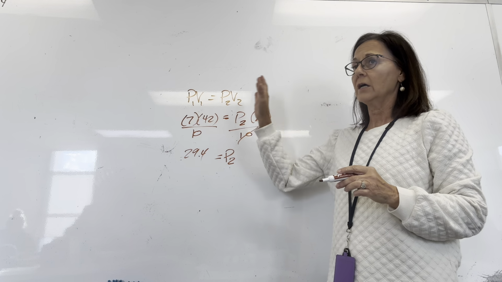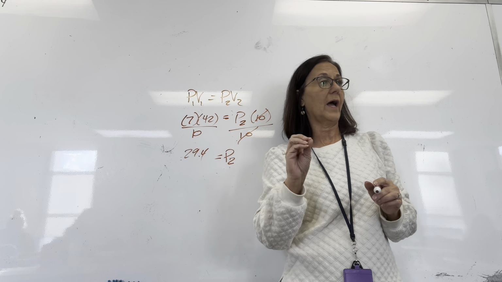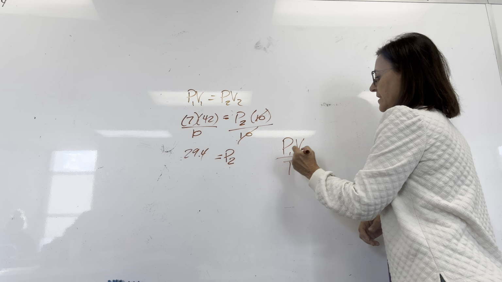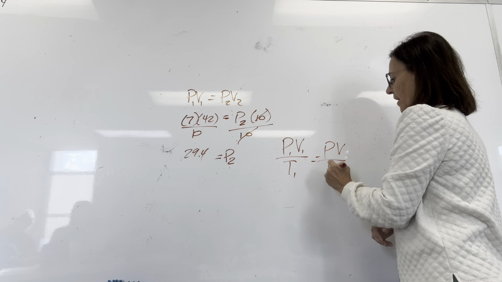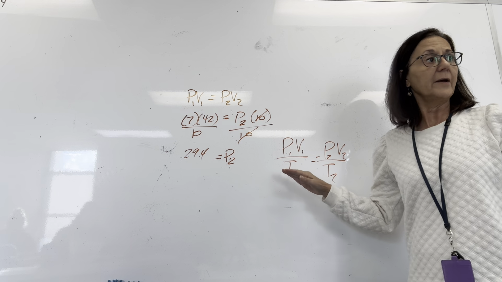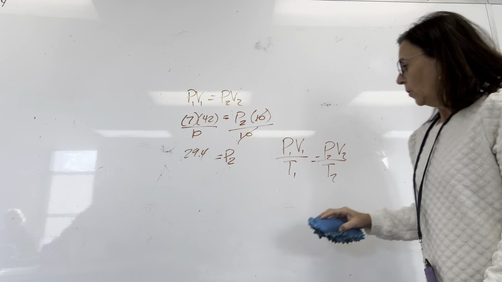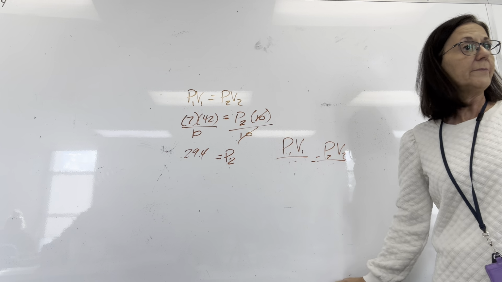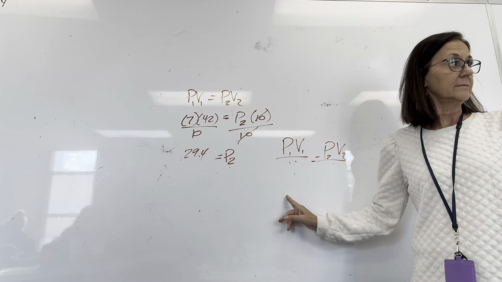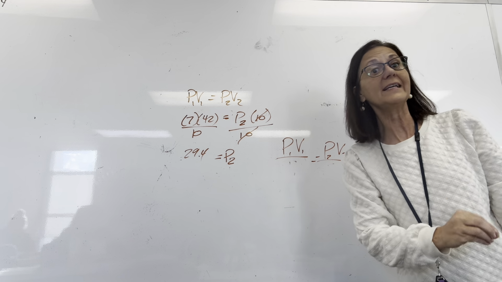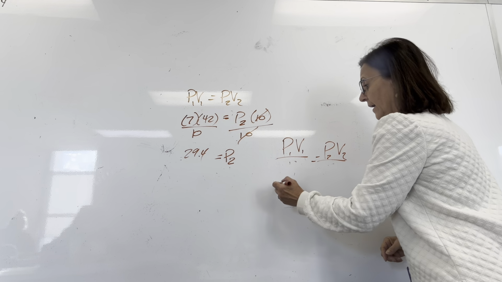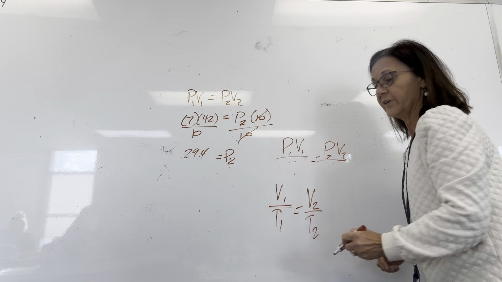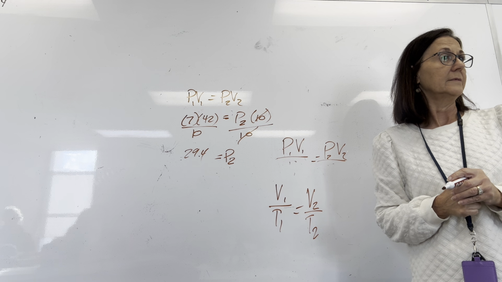Because temperature was held constant, whatever variable was held constant, we're not putting it in our equation. So, normally we have PV over T equals PV over T. If temperature is held constant, we're not going to have temperature. This is when temperature is held constant. If pressure is held constant, then it's going to be V over T equals V over T. Make sense?